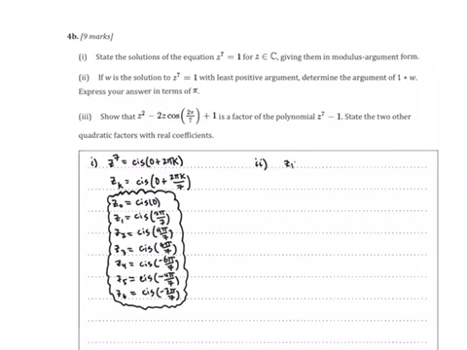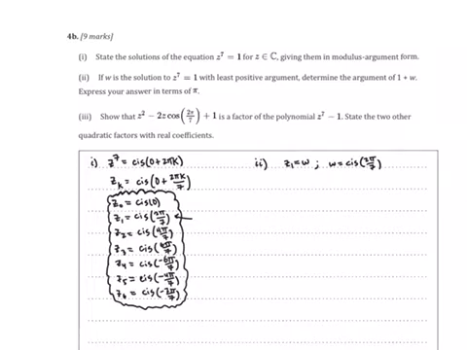Let's call it W, where W equals cis 2 pi over 7. That's our least positive argument right there. It says determine the argument of 1 plus W.